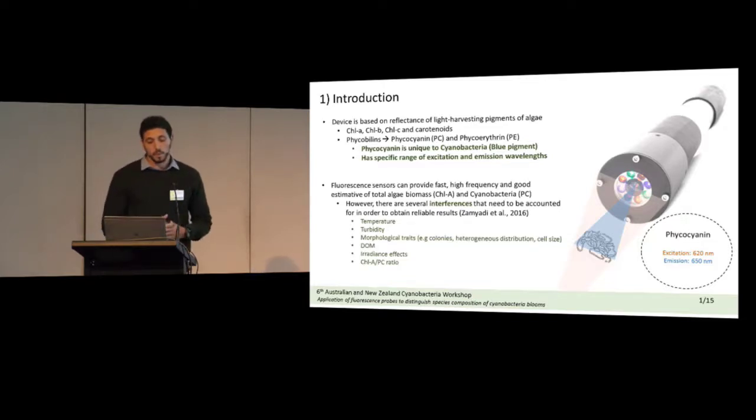So what are the benefits of using fluorescence probes? Some of the benefits are that they can provide real-time measurements and relatively cheap estimates of total algae and cyanobacteria biomass.